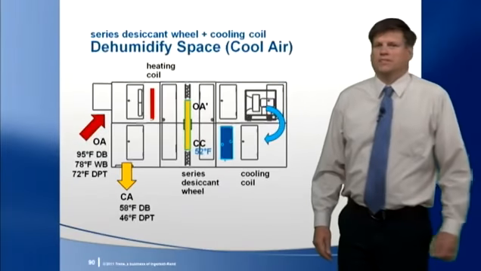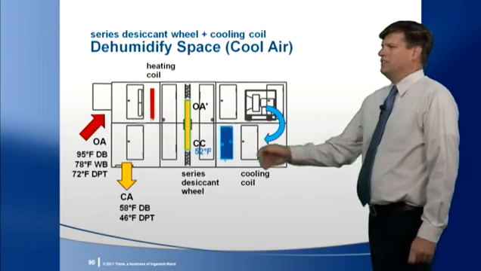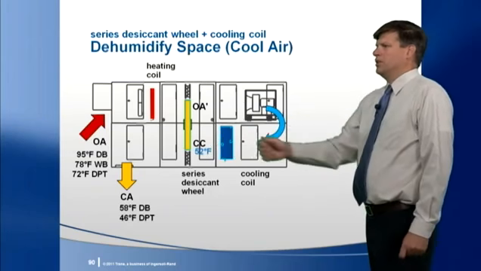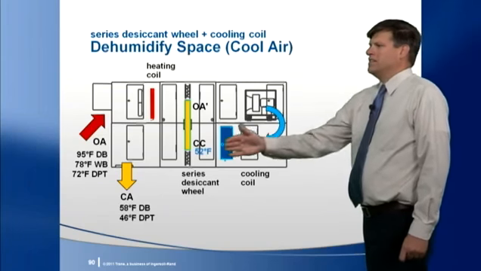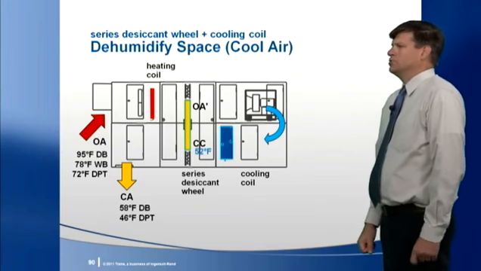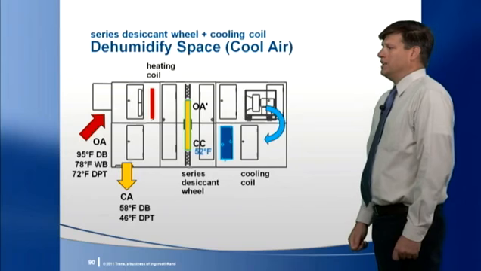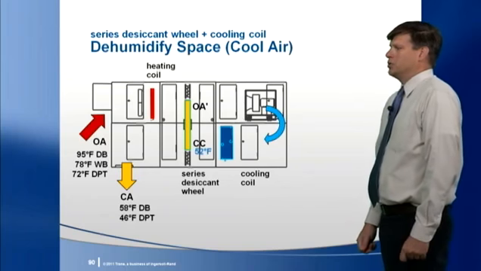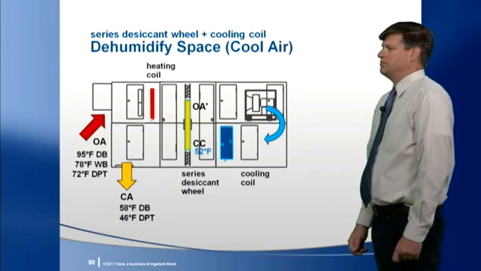For our example, the 45-degree chilled water can be used to obtain 52-degree air leaving the cooling coil. Then the air passes through the downstream side of the series desiccant wheel, where the water vapor is removed, drying the air to our 46-degree dew point. Sensible heat is released during the process of absorbing the water vapor, so the air is heated to 58 degrees dry bulb.